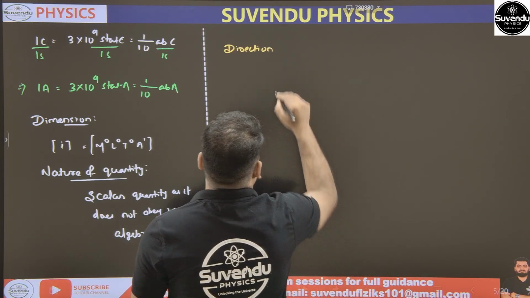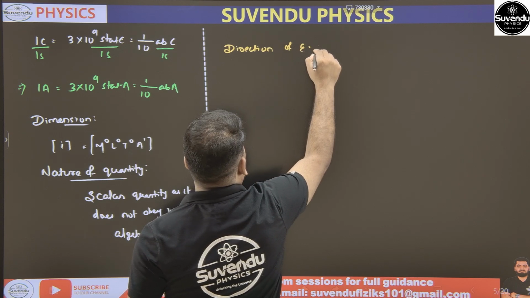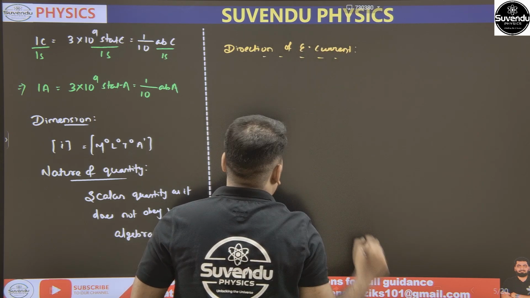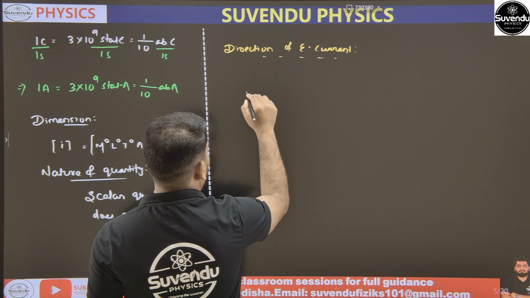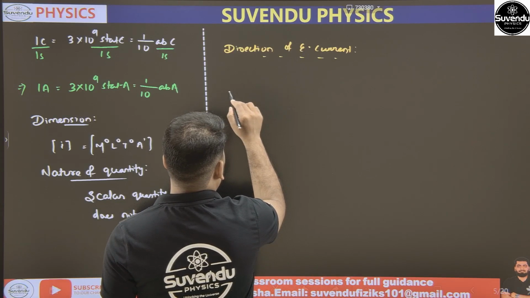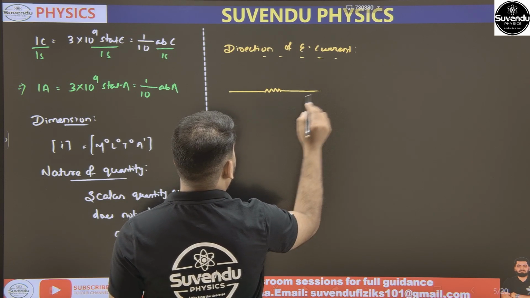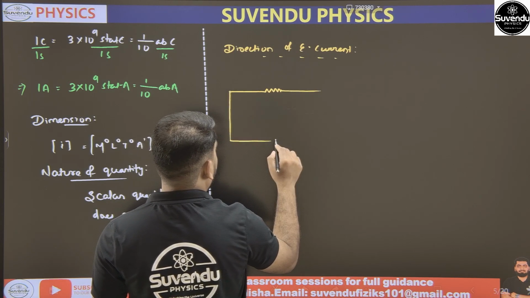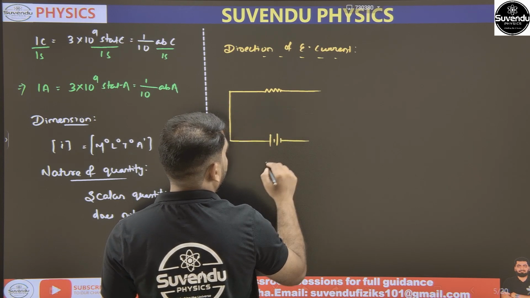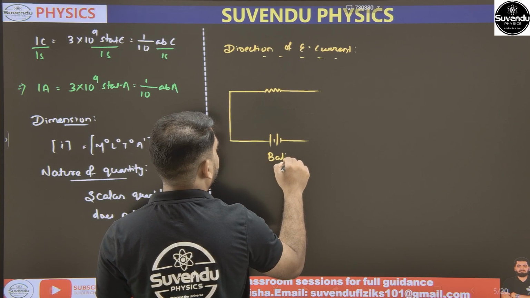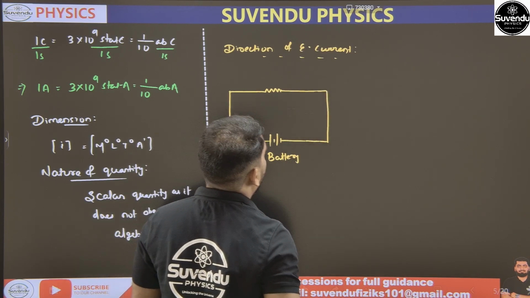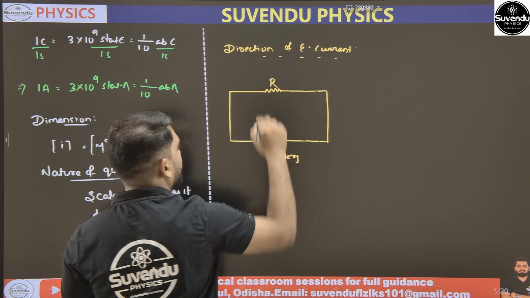And what is the direction of electric current? Now see. Suppose this is any resistor, and this is our source, a cell or battery. A combination of cells in series is called a battery. Ready? So this is our general electric circuit.